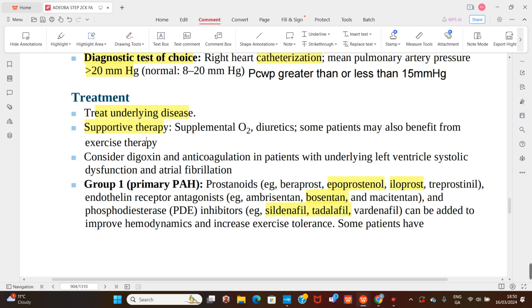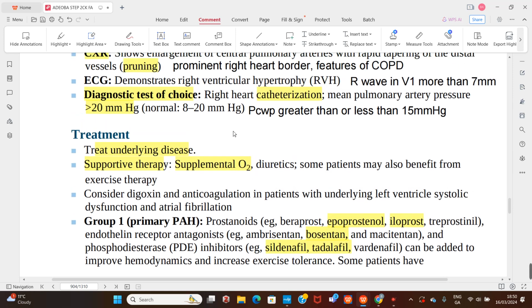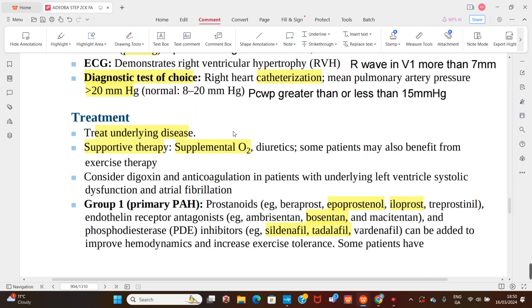Yes. Okay. Thank you. So supportive oxygen, and this oxygen is very useful, particularly in people with group 3, lung problems. People with group 2 might want to be diuresed, given diuretics to reduce the preload coming to the left side of the heart. Studies have shown that some of them might benefit from exercise.